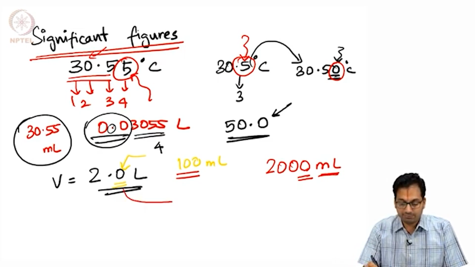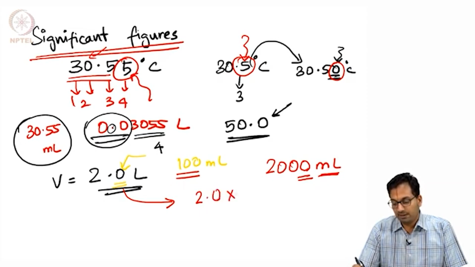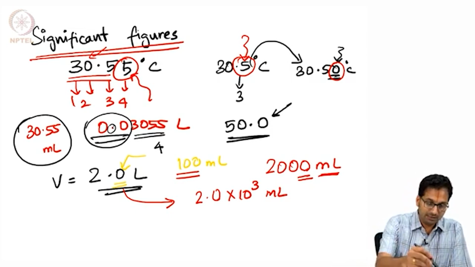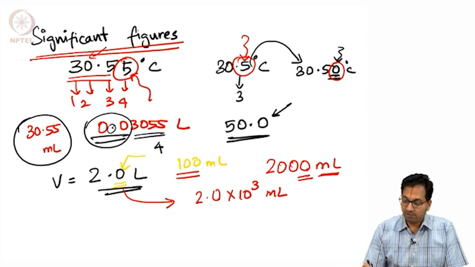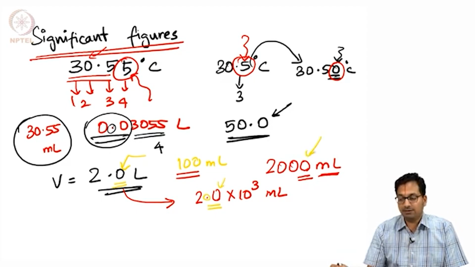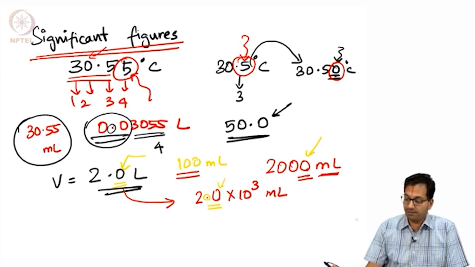So, what people generally end up writing is 2.0 times 10 to the power of 3 ml. This is called the scientific way of reporting numbers, scientific format. So, here the decimal point helps you establish the error is here and not in this decimal. So, significant figures are things that people end up using quite commonly to display their data.